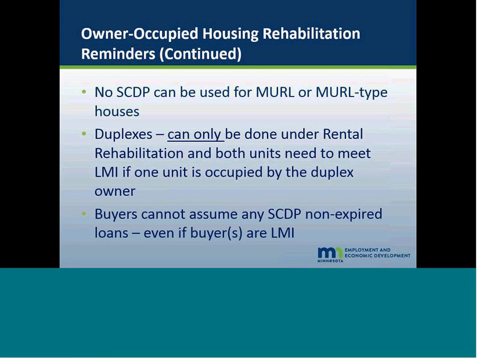And duplex can only be done under rental, owner occupied. Both have LMI, so the owner of the property has to be LMI as well as the tenant. And notable loans for after the situations.